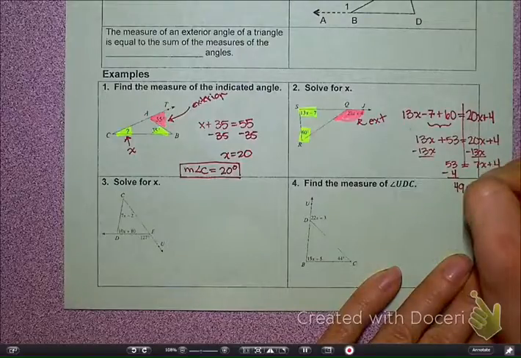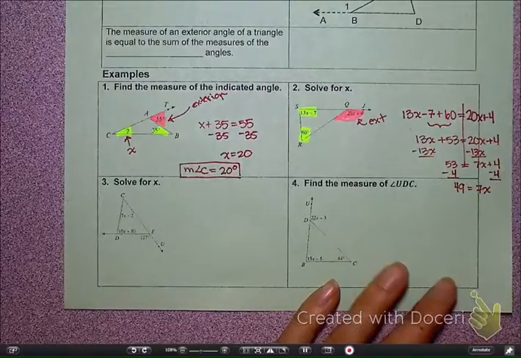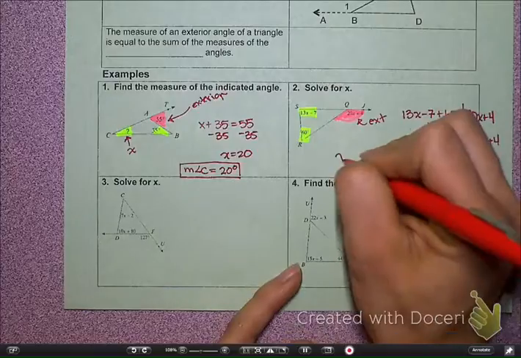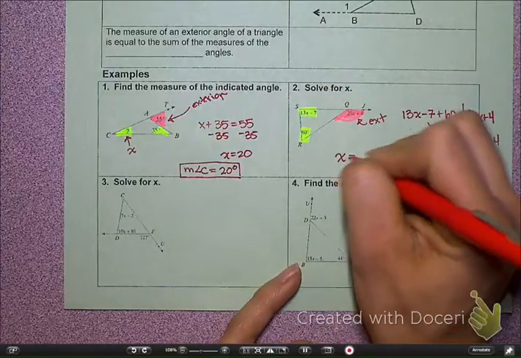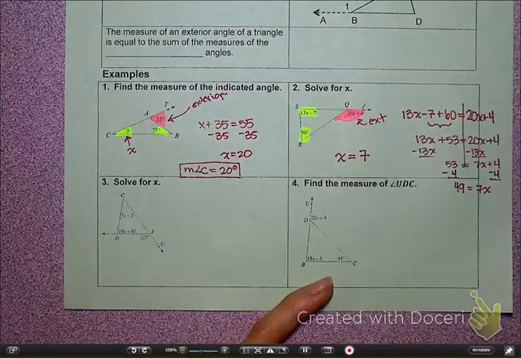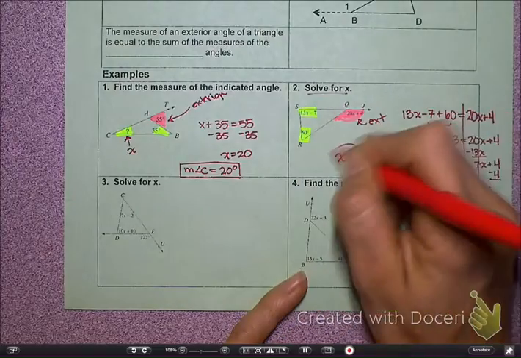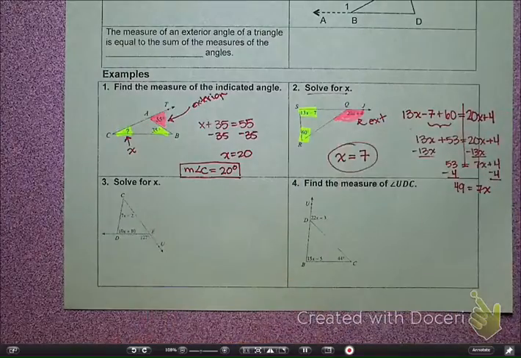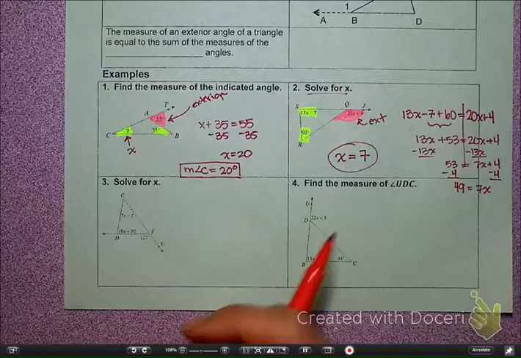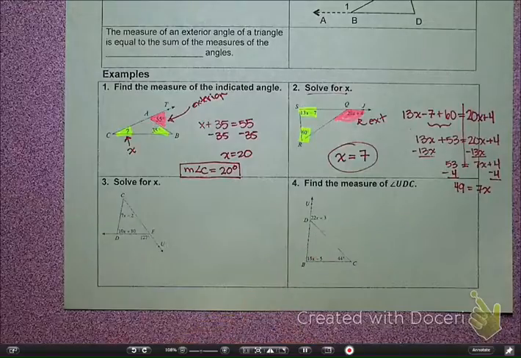Okay, what do I get for my value of x? 7. Okay, now, did I answer the question? What did the question say? Yeah, so I'm done, right? Okay. All right, so are there any questions about what I did there on that one? Okay.